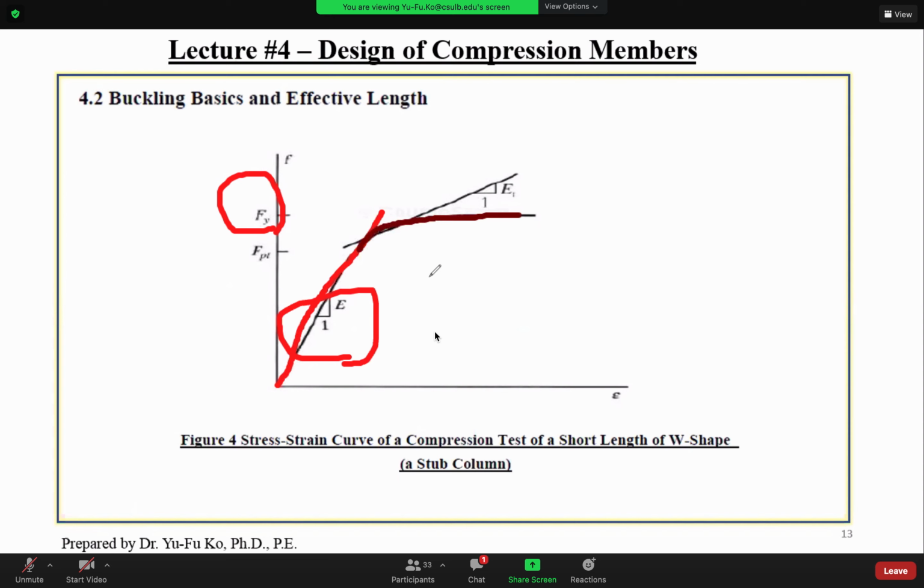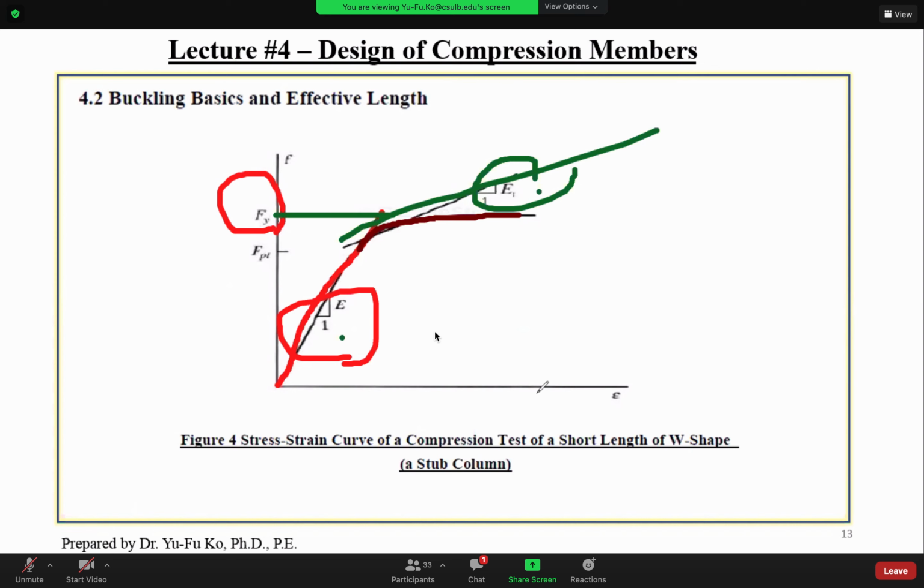The tangent Young's modulus is where you cut a tangent at the yielding point, and the slope is what we call the tangent Young's modulus. This is what I just described, the tangent modulus in the inelastic buckling region we just talked about. So this is the elastic, and this is the inelastic region.